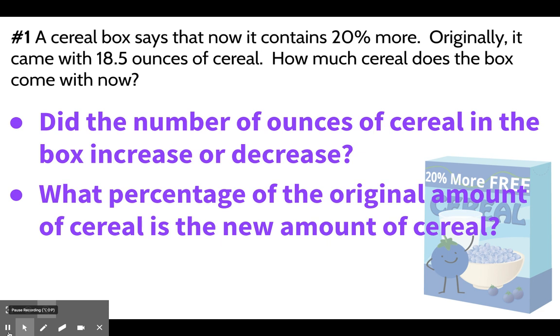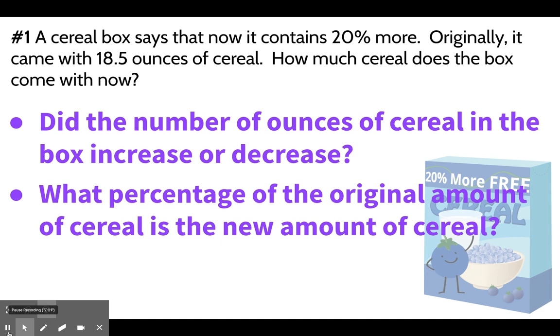When I do that in my calculator, it gives me 3.7. Then I need to add that 3.7 to my original 18.5 to get 22.2 ounces, which is what is in the cereal box now. I know I just said a lot, so let's go over that again.